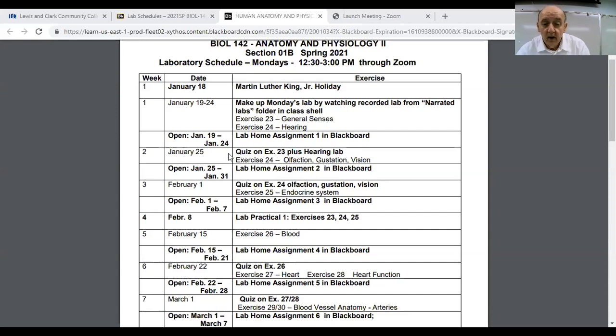Another thing that is different from lecture is quiz. So on Monday, January 25th, we start the lab with a quiz that we'll be doing through Zoom. So this will be a live quiz. And this is where we'll have the first chance to try that proctoring protocol. You will enter the meeting through your phone, and the quiz will come to you through your laptop or desktop.